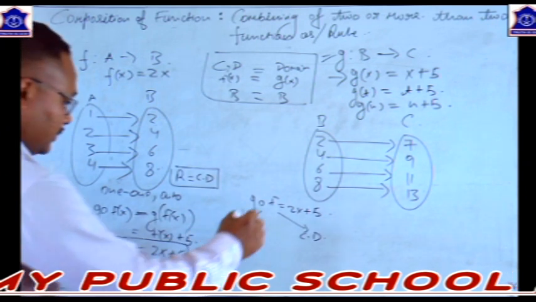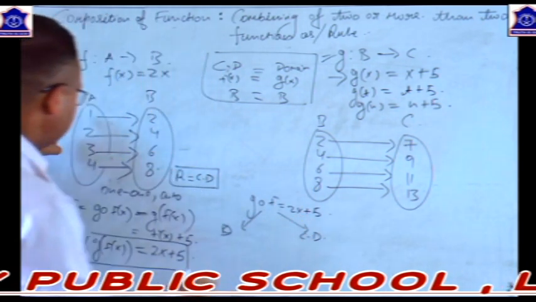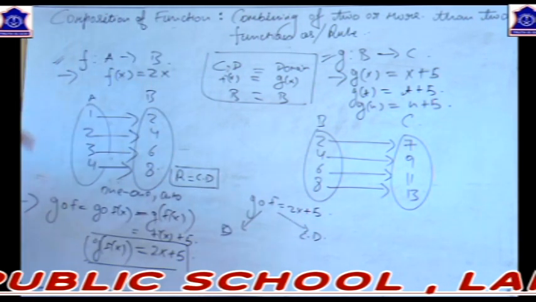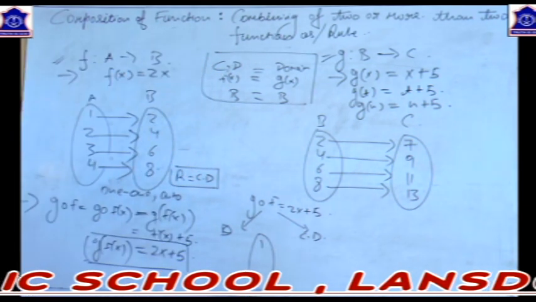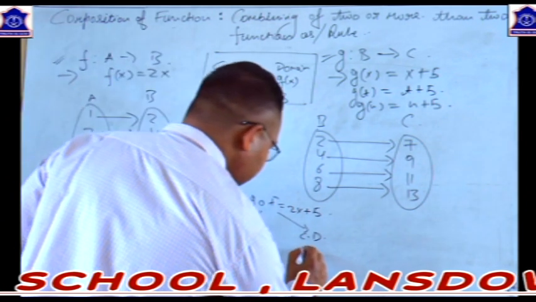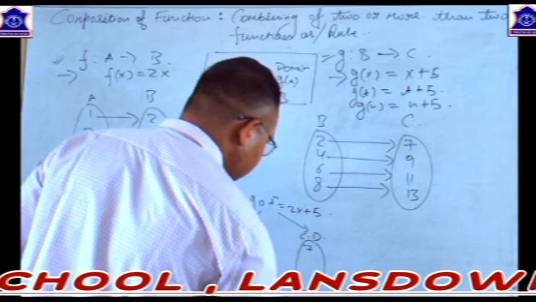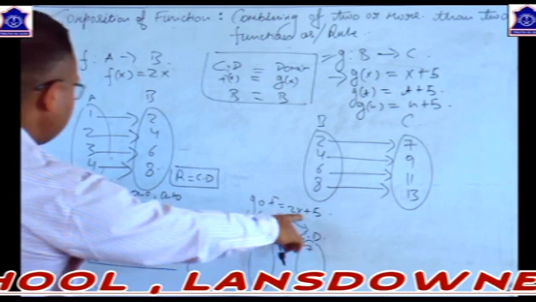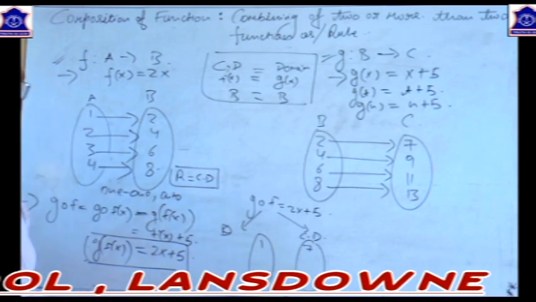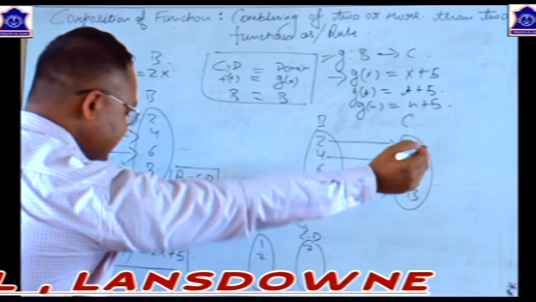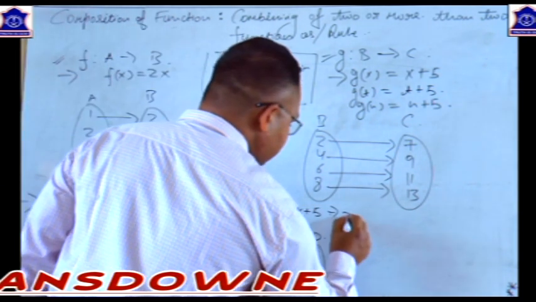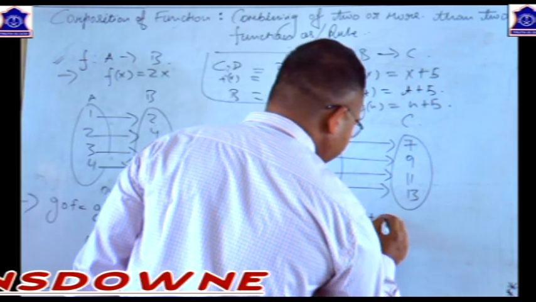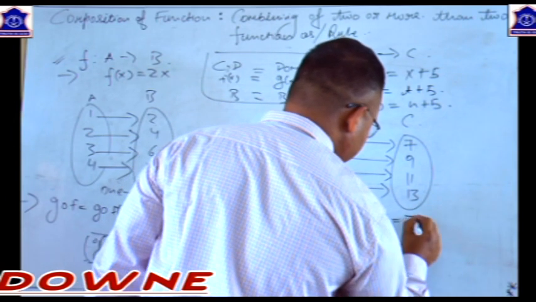So giving the value 1 from the domain of f function, we get 7. Giving the value 2 from the domain of f function, we get 9. See, put the values and look: 2 into 1 plus 5 equals 7.